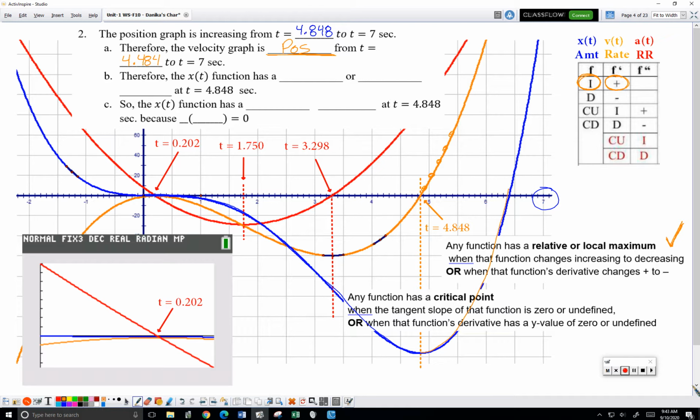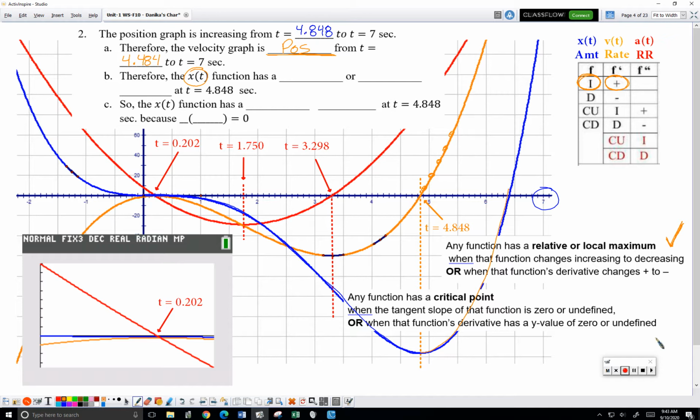So what you've got to learn to do is apply this definition to any of the functions. In this particular case, we're going to apply the definition to position. But it applies to any. So, the position has a relative or local max. You must learn both words. They will test you on both. You never know which one they're going to use.